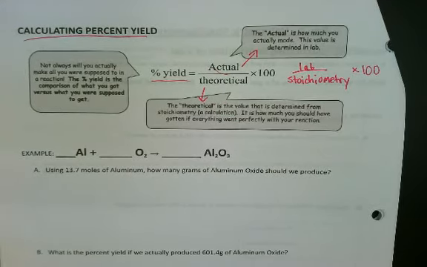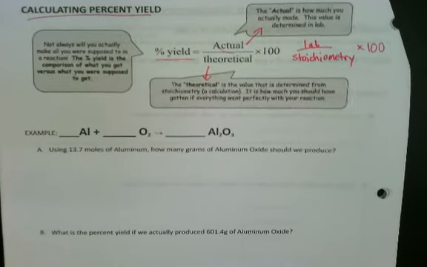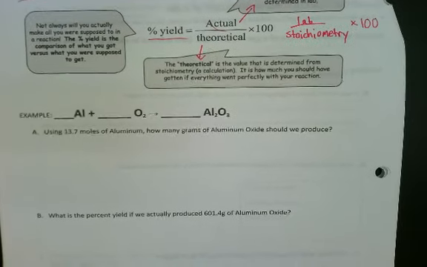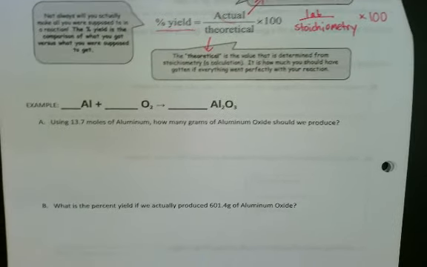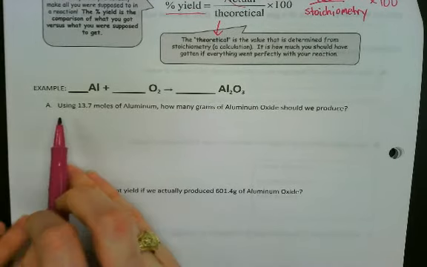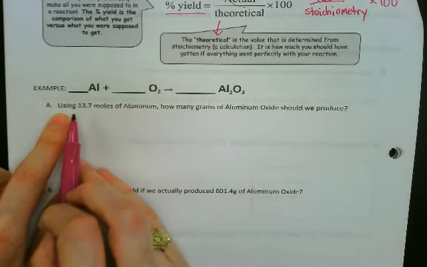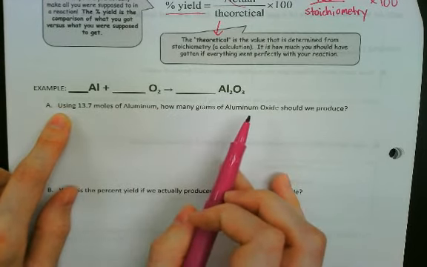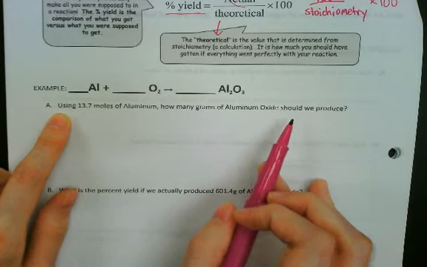So now that we've talked a little bit about that equation, I want to go ahead and do this example with you. The first part of this example is going to have us do some dimensional analysis, some stoichiometry, in order to get our theoretical. So you'll see right here we have: using 13.7 moles of aluminum, how many grams of aluminum oxide should we produce?